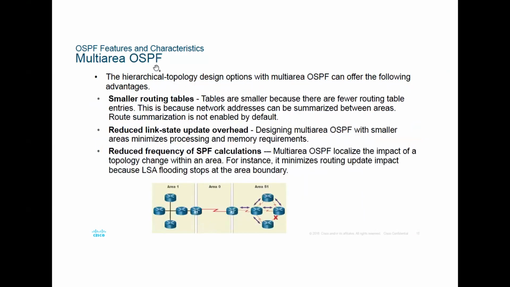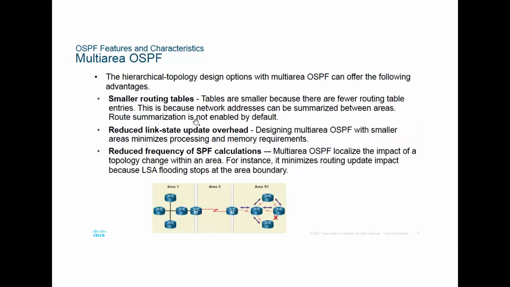Multi-area OSPF. The hierarchical topology design options with multi-area OSPF can offer the following advantages. First, smaller routing tables, where tables are smaller because there are fewer routing table entries. This is because network addresses can be summarized between areas.